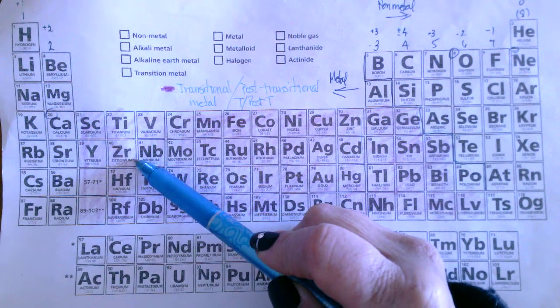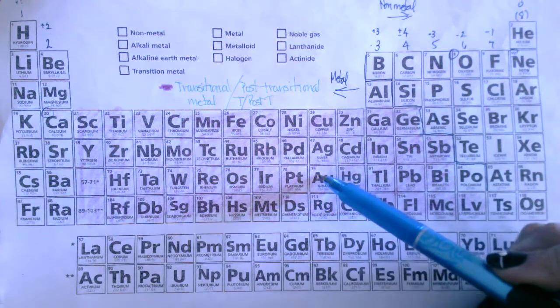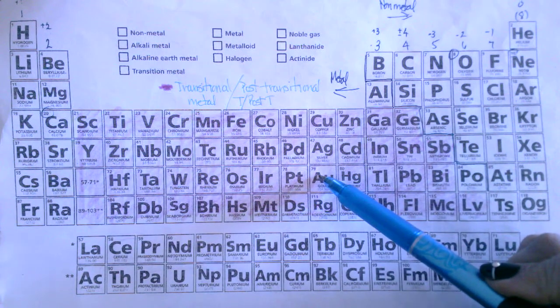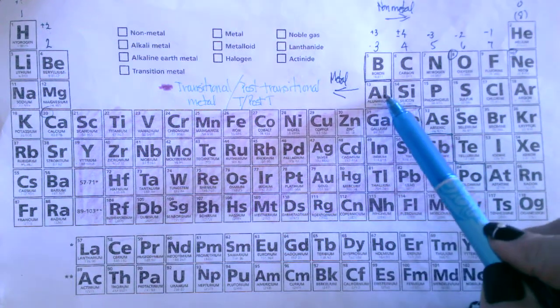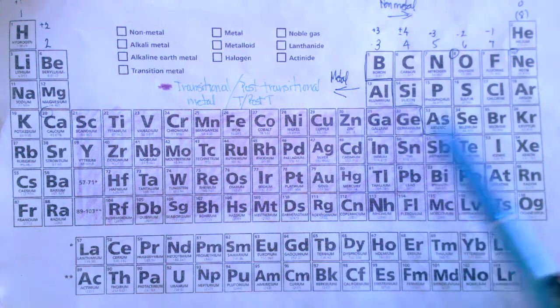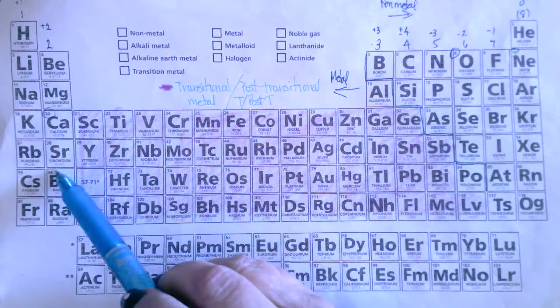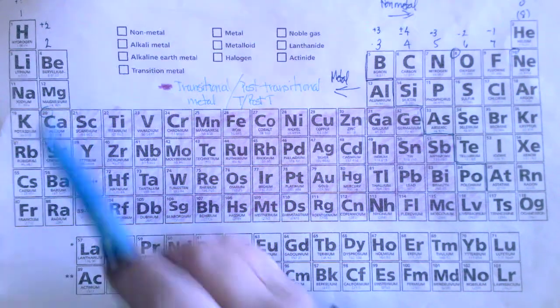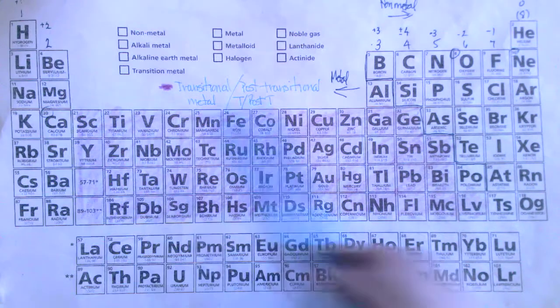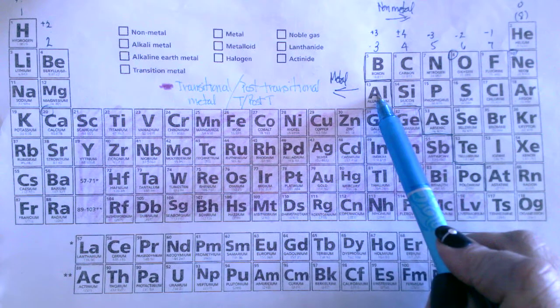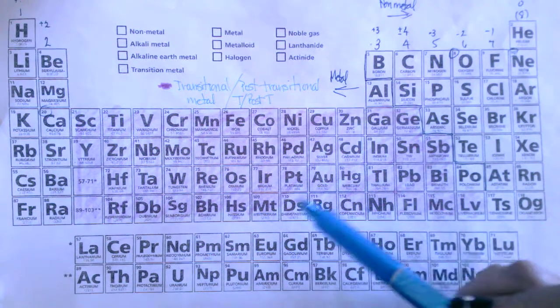You would tell me transitional. Gold, transitional. Aluminum, regular. Notice I did not color aluminum in. It's regular. Strontium, regular. If it's in column 1 or 2 or it's aluminum, it's a regular metal.